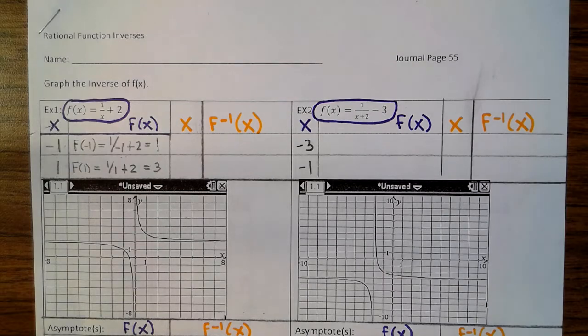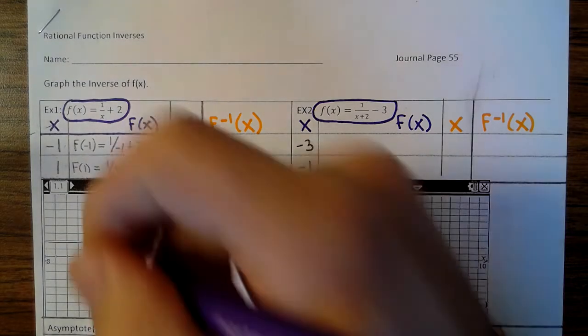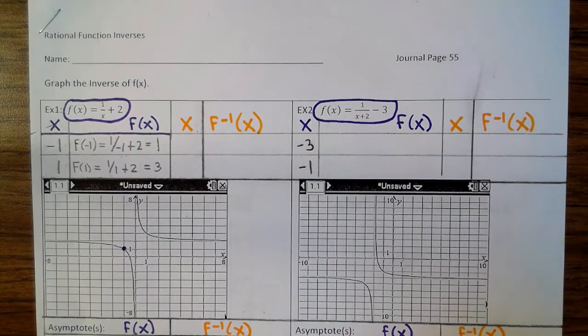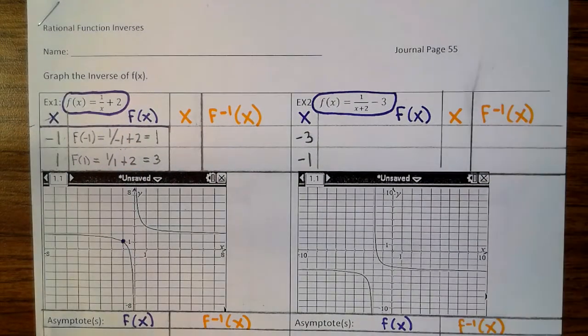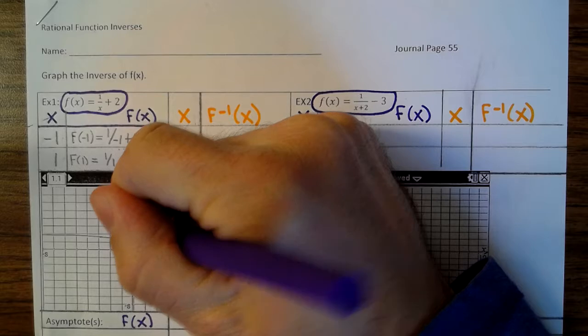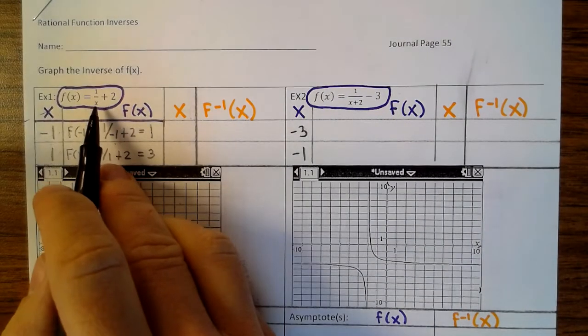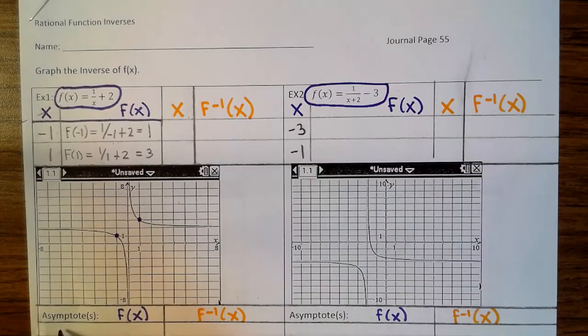Okay, now let's go ahead and graph our points. So -1, 1, and 1, 3. Now we need to look at our asymptotes. So here we set the denominator equal to 0, so x equals 0.